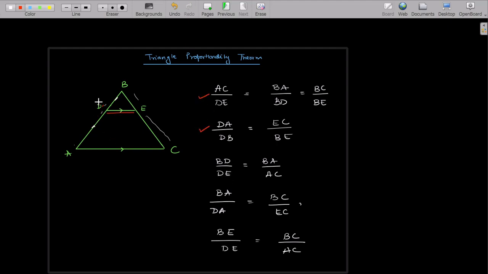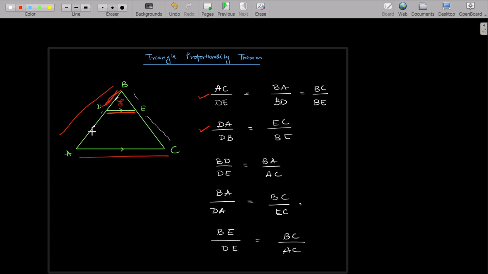Third one is BD over DE. Now we have taken two sides of the triangle. BD over DE is equal to BA over AC. Now in this one, what we are doing is taking the two sides of the first triangle and the two sides of the bigger triangle.